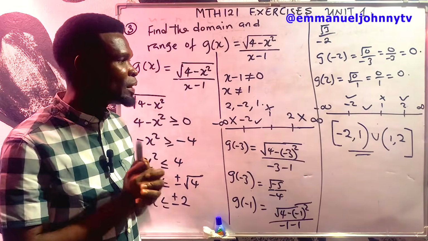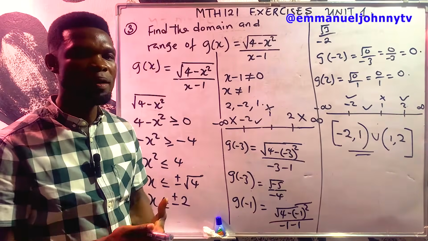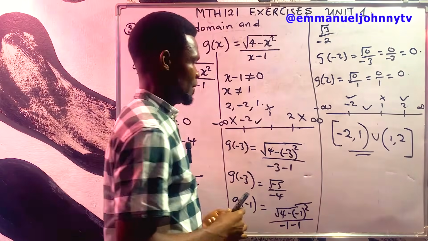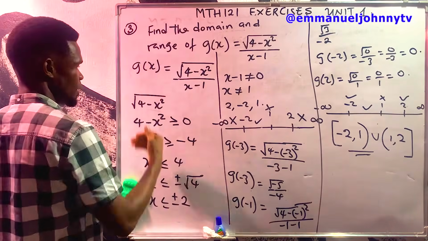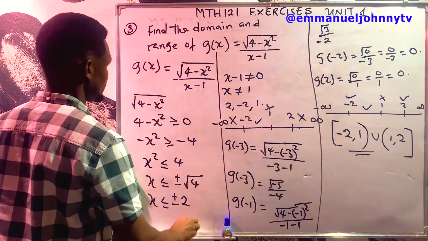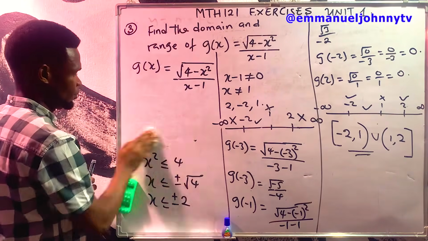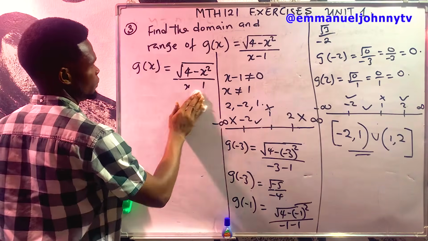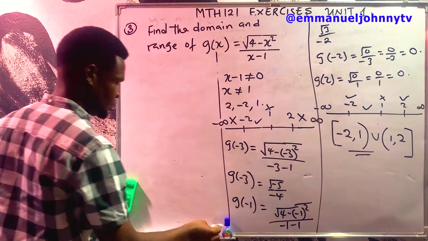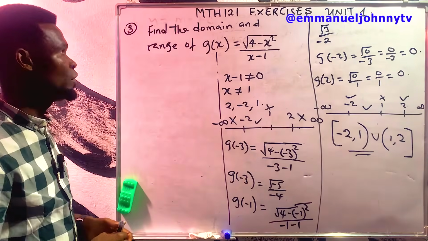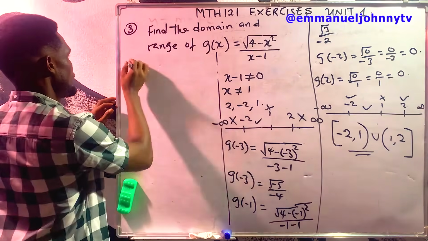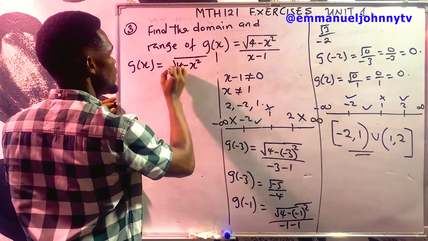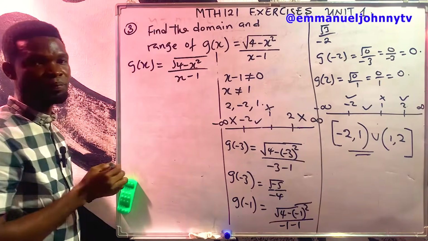Now the question is, how do we find the range? It's very simple. In finding the range, look at the function g of x is equal to √(4 minus x²) all over x minus 1.